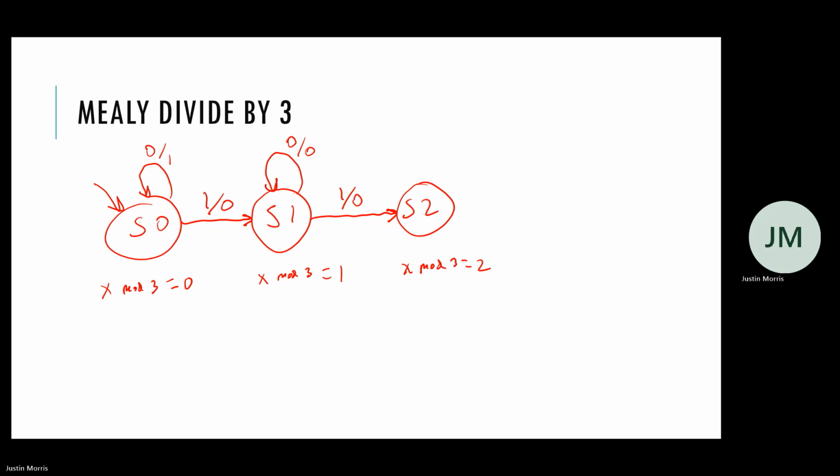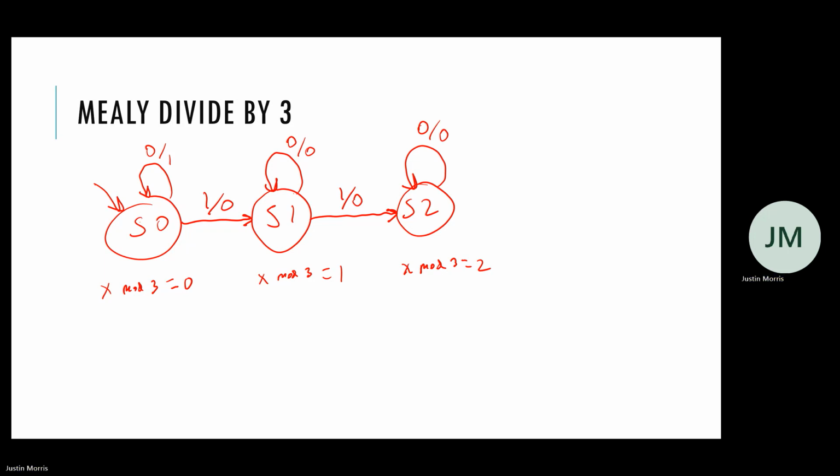And then if I'm in S2, my current remainder is 2. If I see a 0, the number of ones does not change, so I again stay in S2.